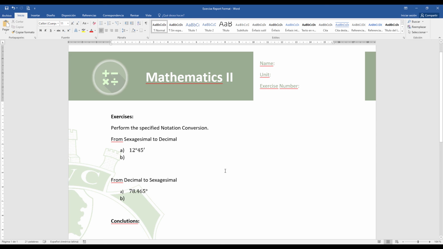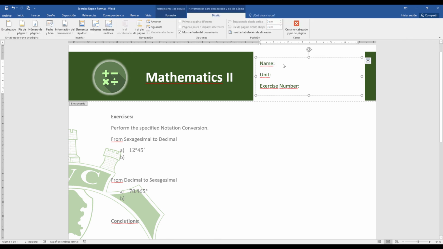You will use that document named exercise report format. You will answer here all the conversions. For example, you need to fill the blanks first, the name, the unit, and the exercise number. For example, here, if you don't know how to change that, you need to double click on it.